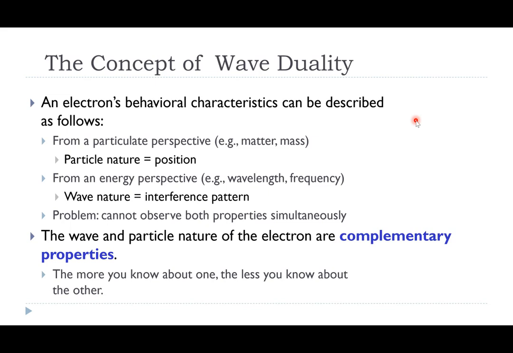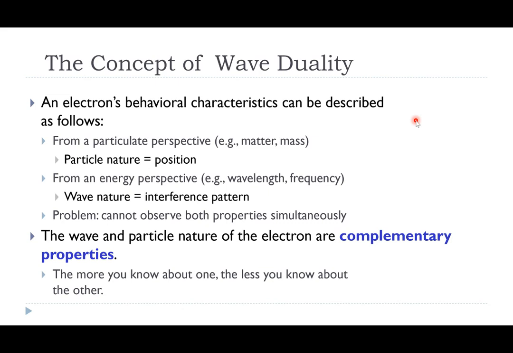So they contain properties of both. These properties are complementary properties. So the more that I study the wave characteristics, the less I know about the particle. And the more I study the particle characteristics, the less I know about the wave. So that's what makes electrons and light so difficult to study: they have wave and particle nature, and it's hard to study both of those natures at the same time.